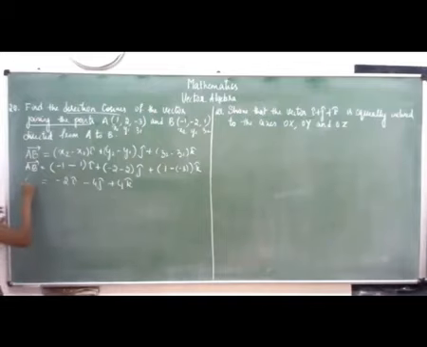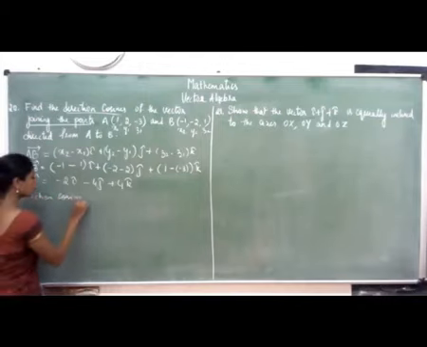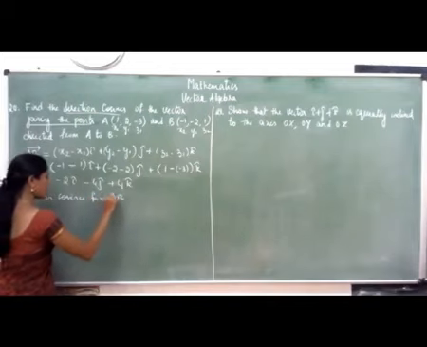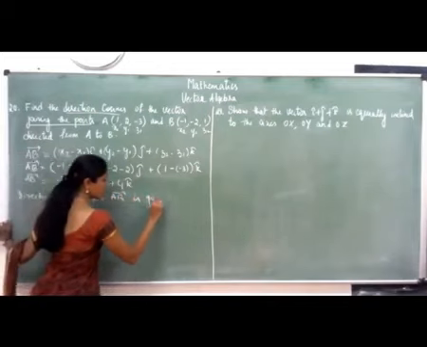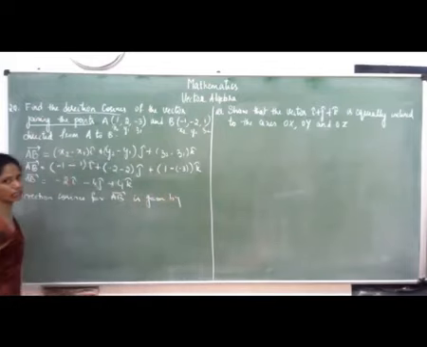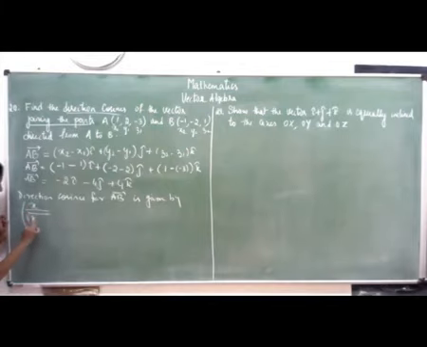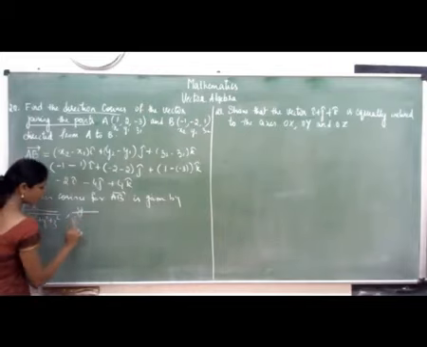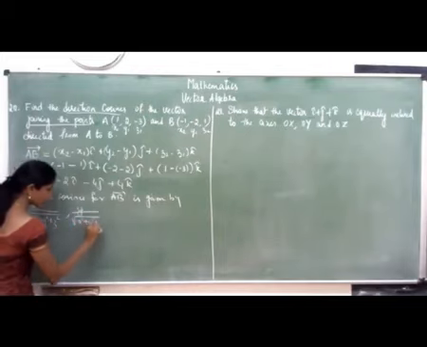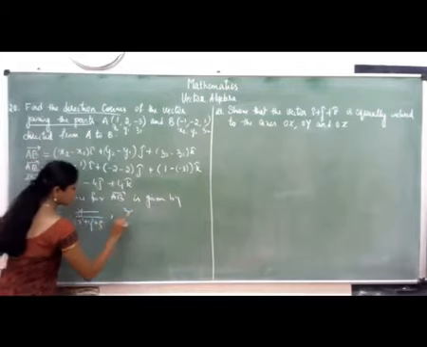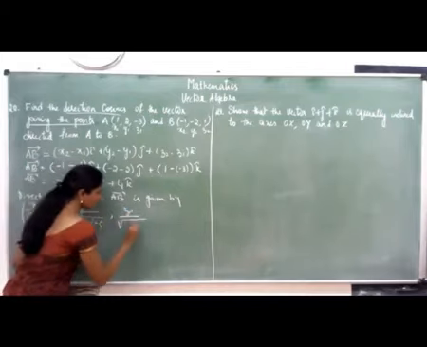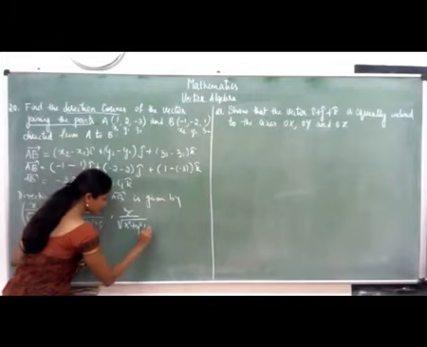For this vector, we need to find the direction cosine. So direction cosine for the vector AB is given by, so same formula again, x by root of x square plus y square plus z square, comma, y by root of x square plus y square plus z square, comma, z by root of x square plus y square plus z square.